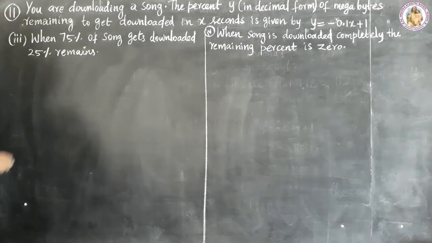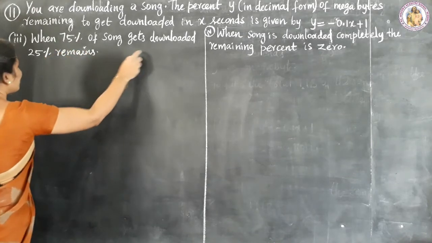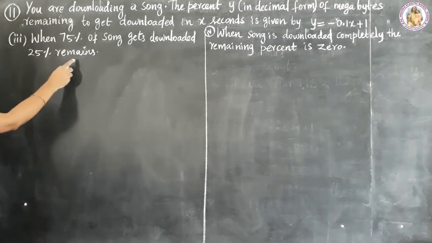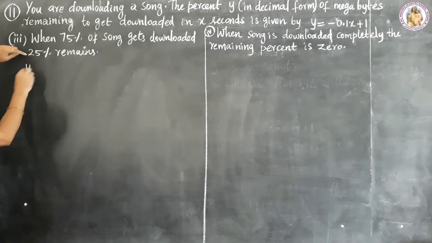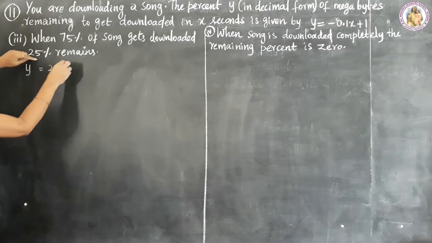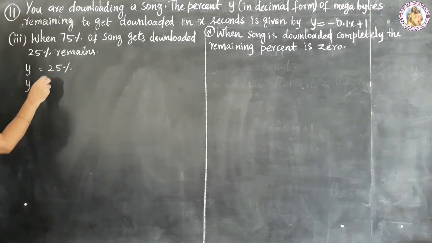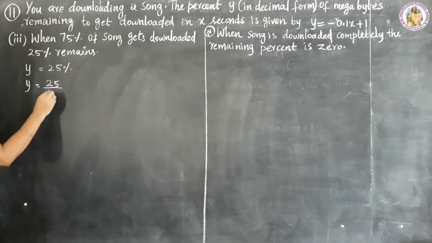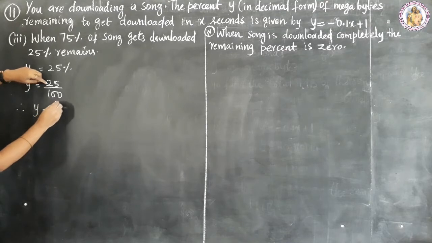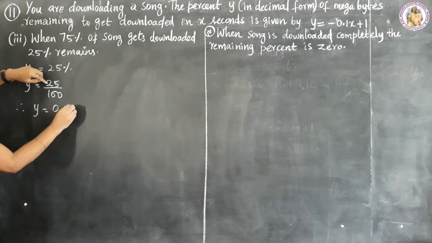Question number 3. When 75% of the song gets downloaded, 25% remains. So remaining is 25%, so y is equal to 25%. 25 over 100, so y is equal to 0.25.